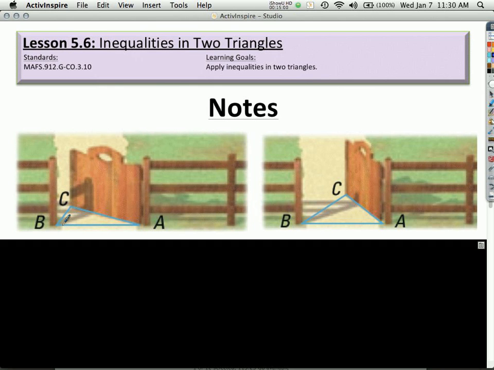Now look at AC. Now here's where the picture is a little bit messed up because of the fact that it's trying to depict 3D. But what should be true about AC in both pictures? Nathaniel? Well, it looks like it gets shorter, but this is a door made out of wood.